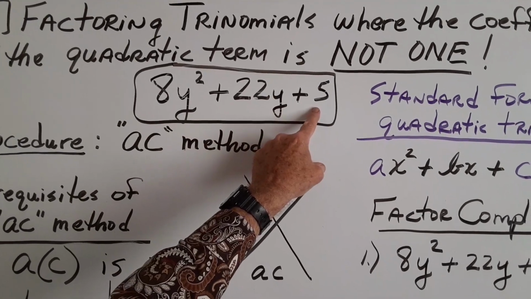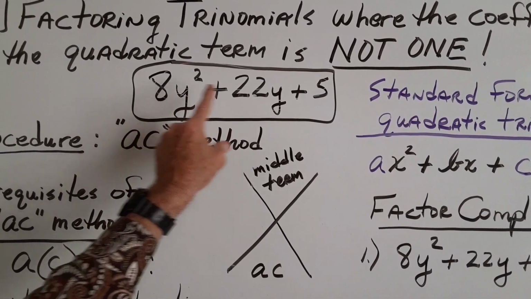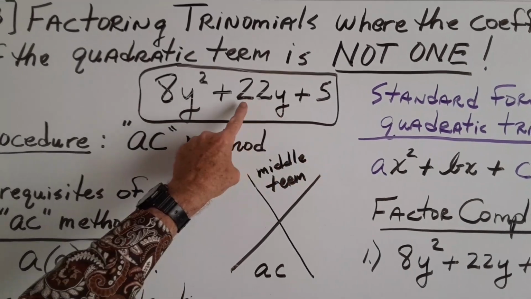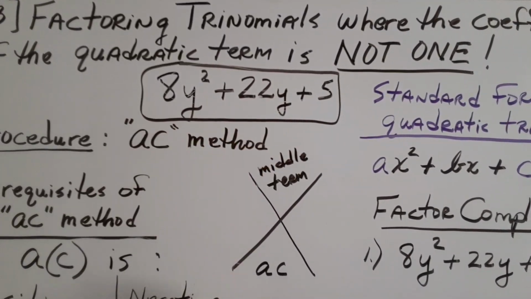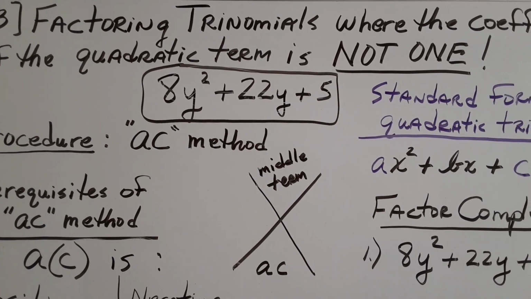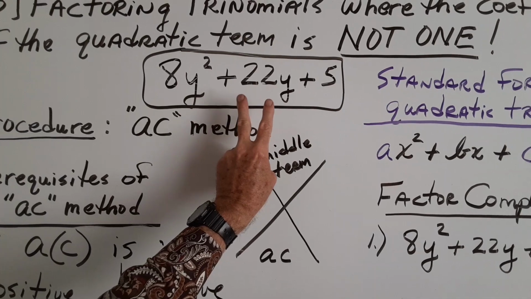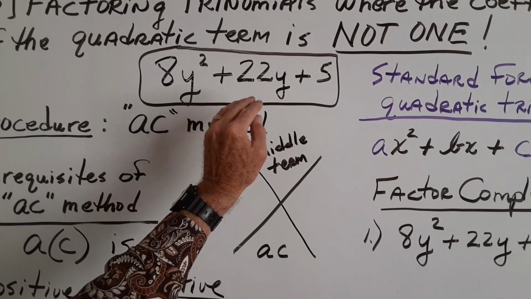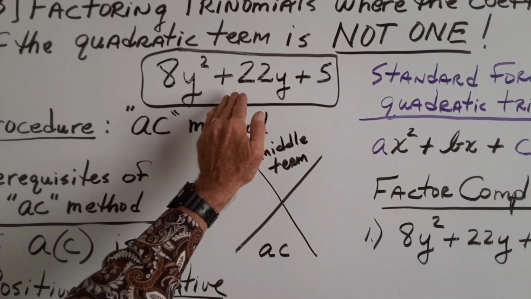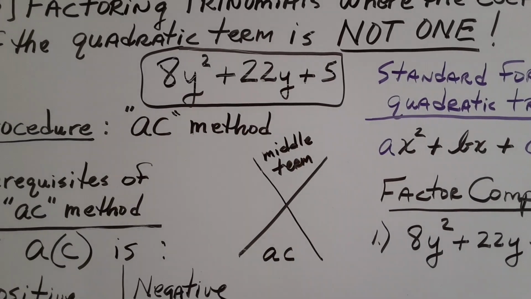And the fourth stays the same. The middle term is going to be busted up into 2 brand new terms. And those 2 terms, when correctly added together, will still equal 22y.